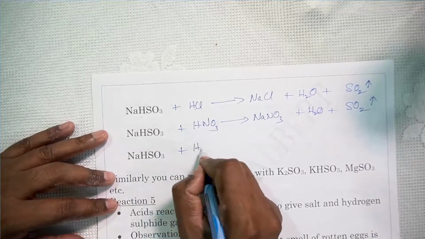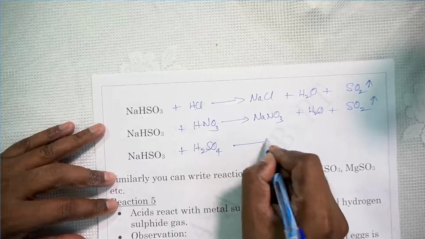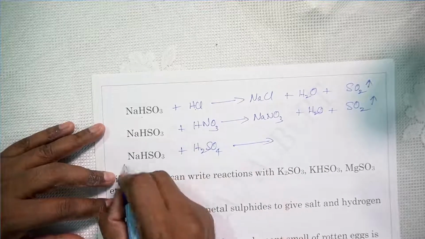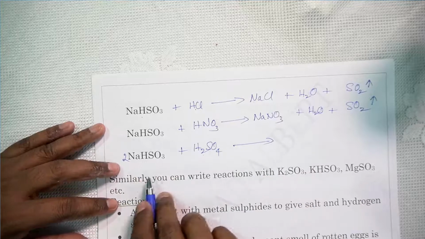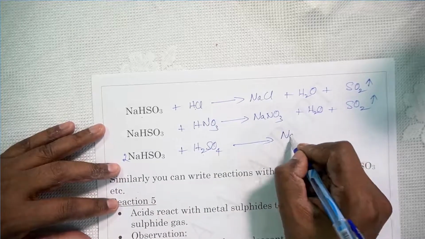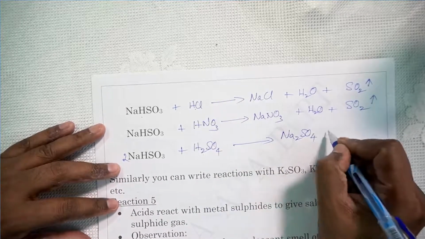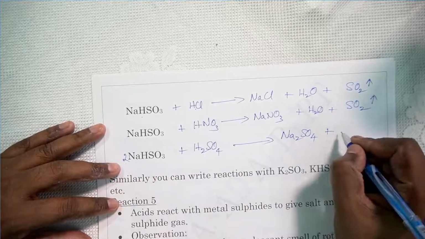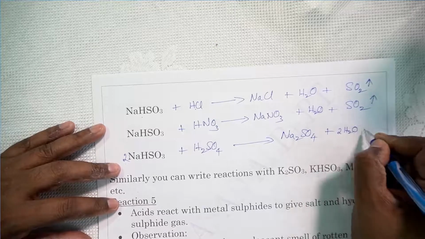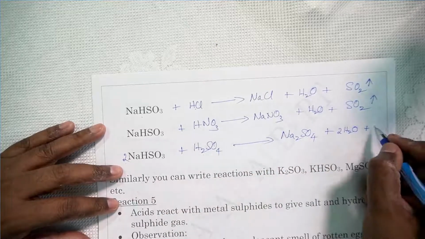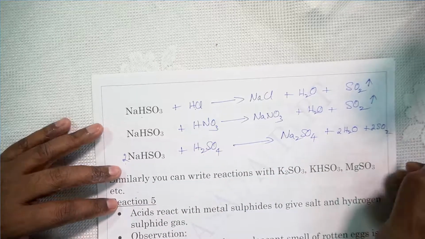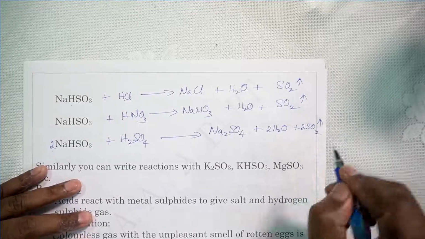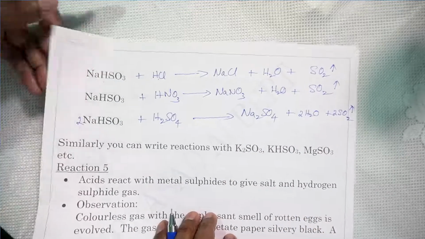Now if you take sulfuric acid here, 2 NaHSO3, H2SO4 divalent, so 2 NaHSO3 is required because it will form Na2SO4, sodium salt, plus 2 HSO3 groups, that means 2 H2O will come and 2 SO2 will also come.